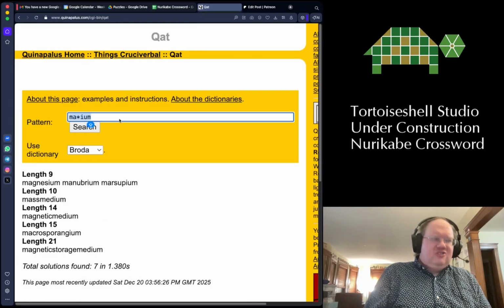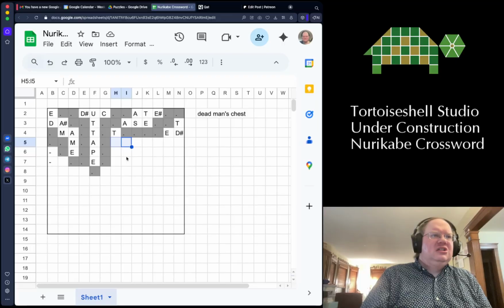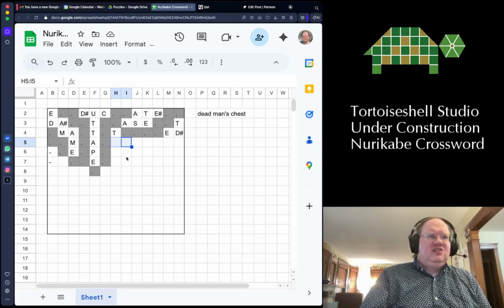Is there anything? There's Maimonides, which is probably too long. Yeah, there's not enough room for that, even the way things are. Though maybe. We still wouldn't have enough room for Maimonides.